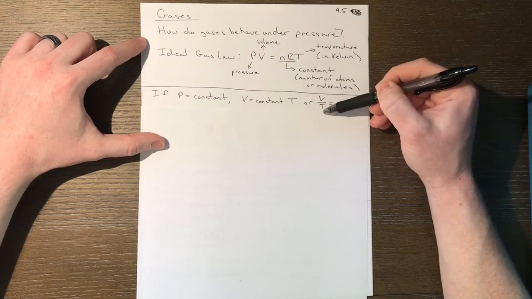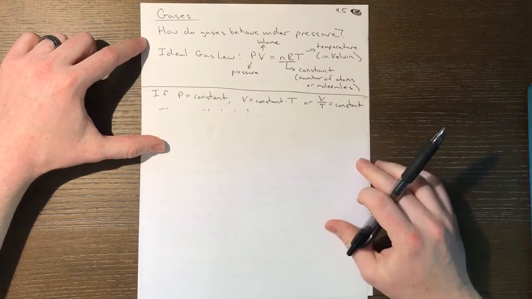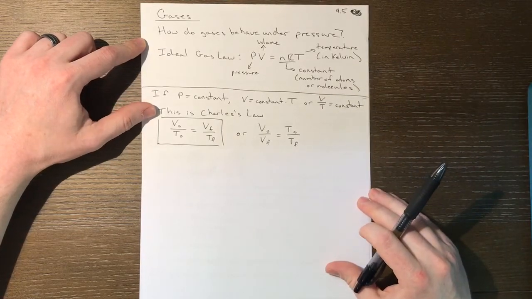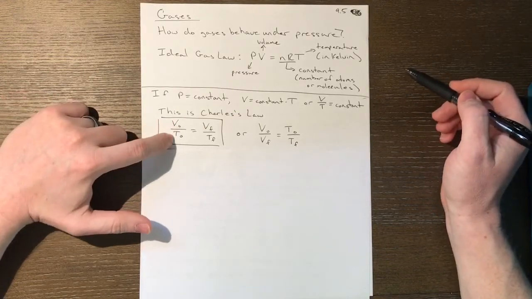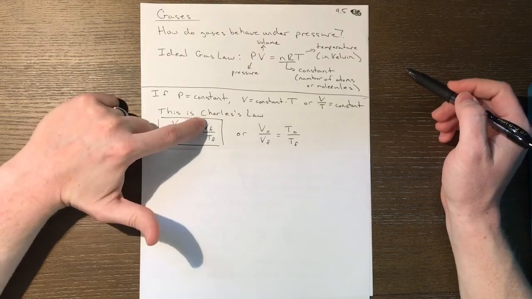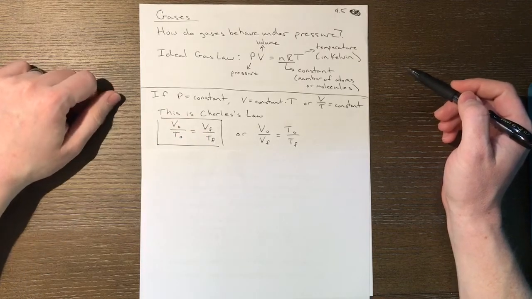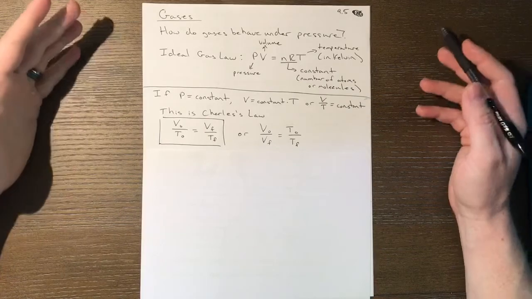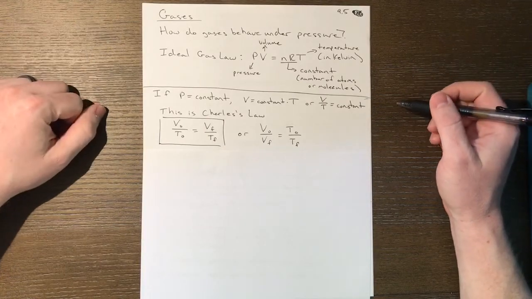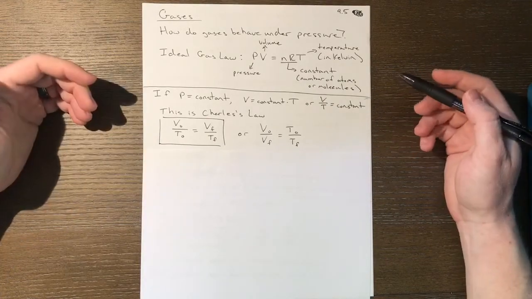Well, if the volume divided by the temperature is always the same, then we get what is called Charles's law. Volume over temperature initial equals volume over temperature final. Or I'll often use 1s and 2s, or possibly even 3s or 4s if we have several different situations we're moving through.